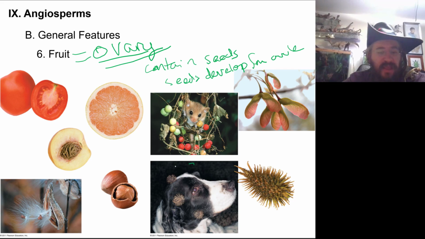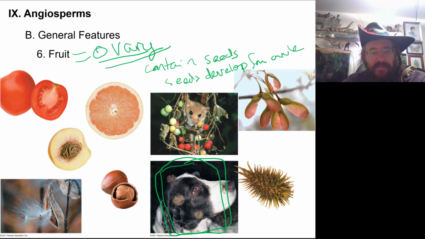You would be surprised at how many things are ovaries. Here's a dog just covered in ovaries, having a bad time. Here is a mouse collecting delicious, delicious ovaries. Here's the angiosperm version of helicopter seeds, which are ovaries. Relatively thin ovaries, but ovaries all the same. So, peach, ovary.